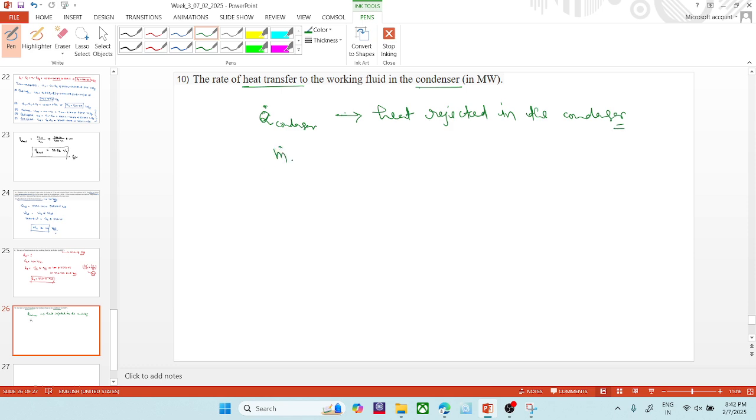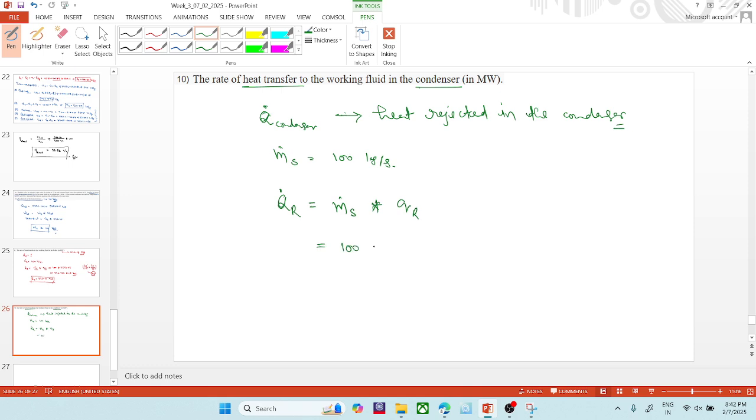We have calculated the mass flow rate of steam as 100 kg per second, and Q dot rejected, the heat transfer in the condenser, would be m dot s multiplied by QR.